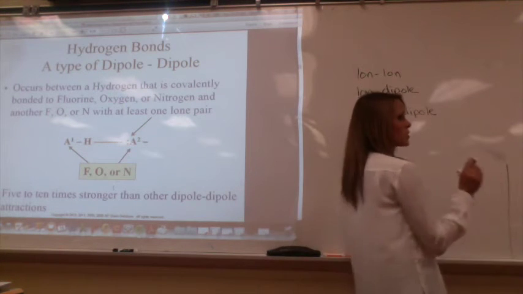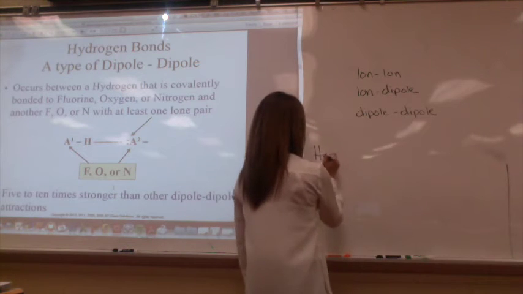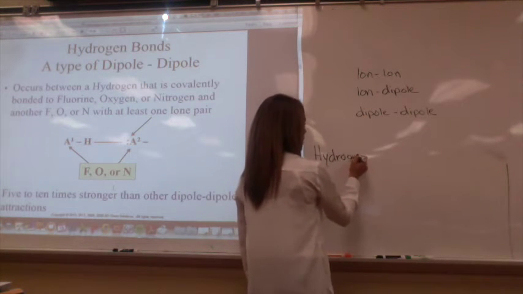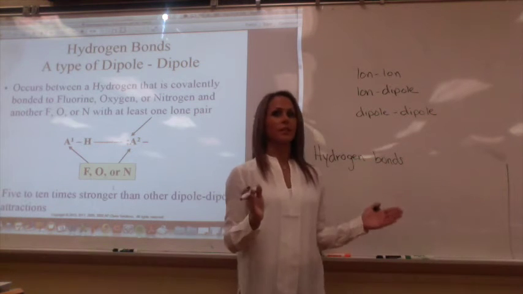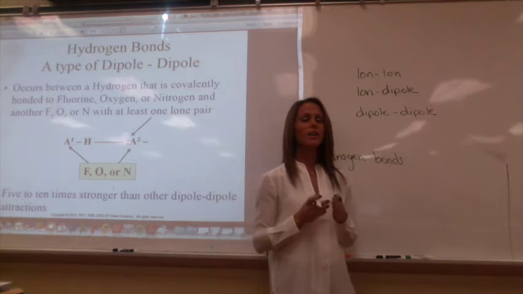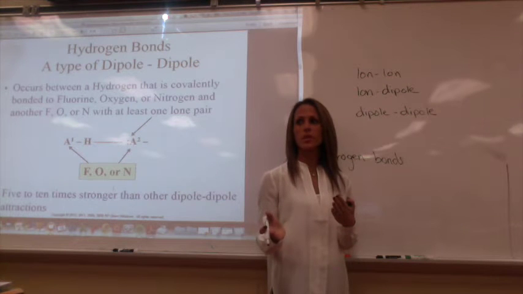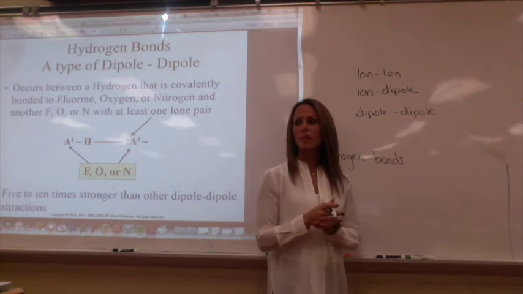So this is something that students get really confused on. Hydrogen bonds are not something different. They are a dipole-dipole force of attraction, but they have a specific name called a hydrogen bond.